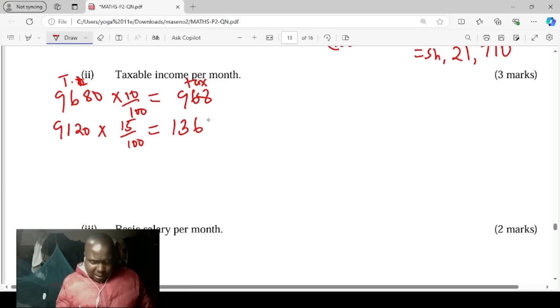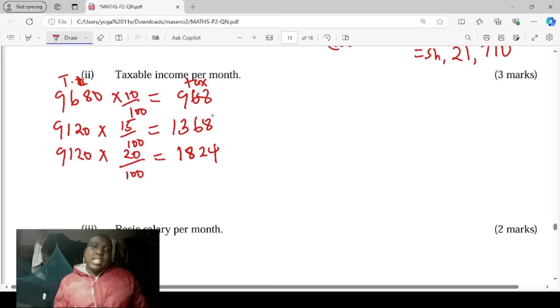This is 1,368. The next slab is 9,120 times 20 over 100, which is equal to 1,824.